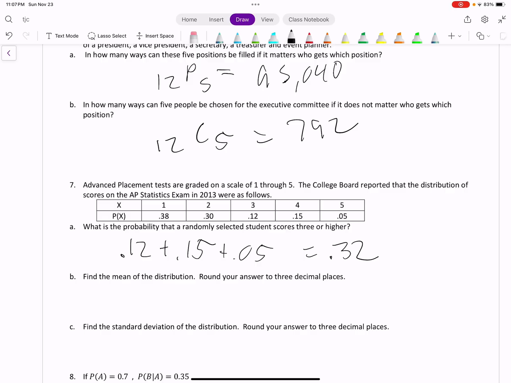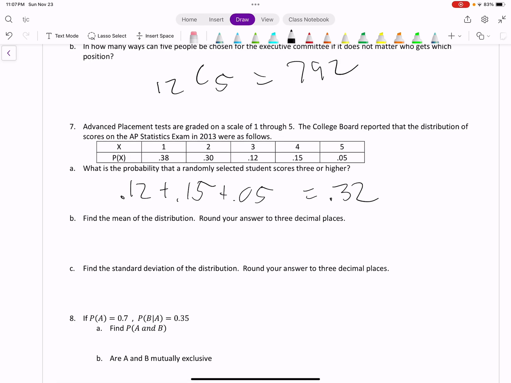Find the mean of the distribution. Well, the mean is you're going to take and multiply these together and then add them together.